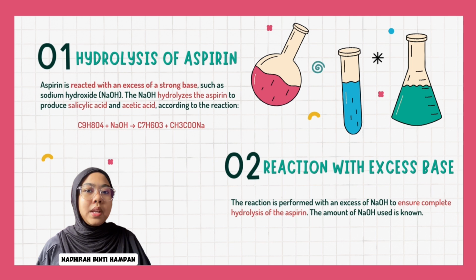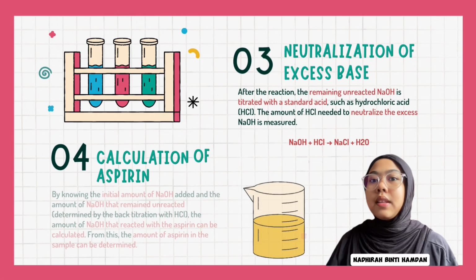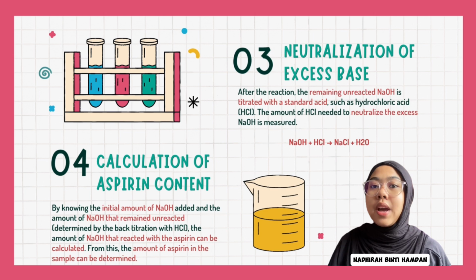The next step is the reaction with excess base. The reaction is performed with an excess of NaOH to ensure complete hydrolysis of the aspirin. The amount of NaOH used is known. The third step is neutralization of excess base. After the reaction, the remaining unreacted NaOH is titrated with a standard acid such as hydrochloric acid, HCl.